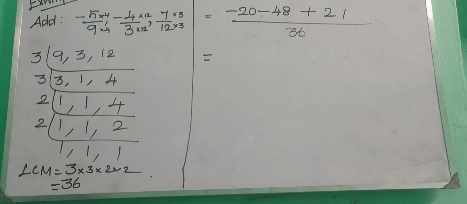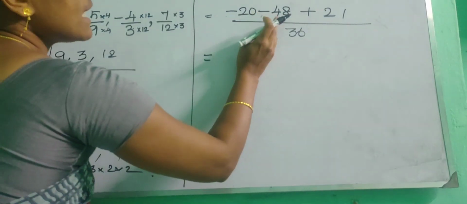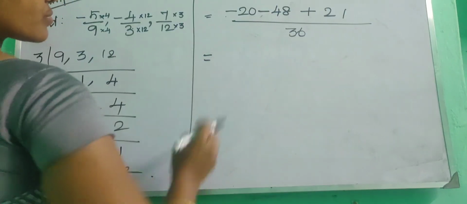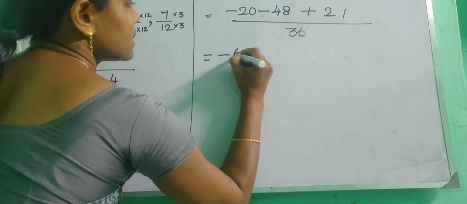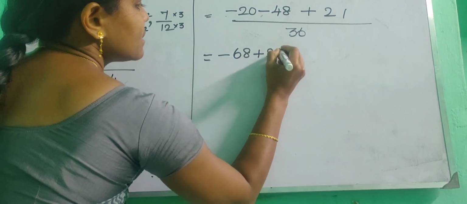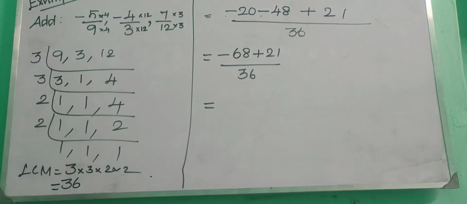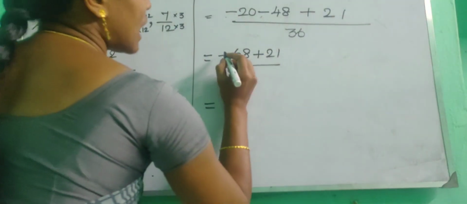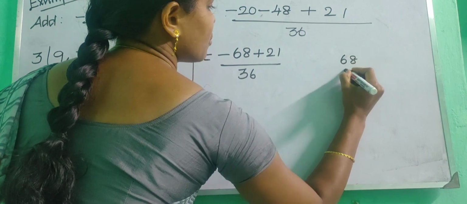So we can add the numbers having the same sign, right? So 48 plus 20, 68. Okay, so minus 68 plus 21 upon 36. Okay children, so what will you get? Minus 68 plus 21. We need to subtract, is it? We have different signs, so we need to subtract and put the greater number's sign.